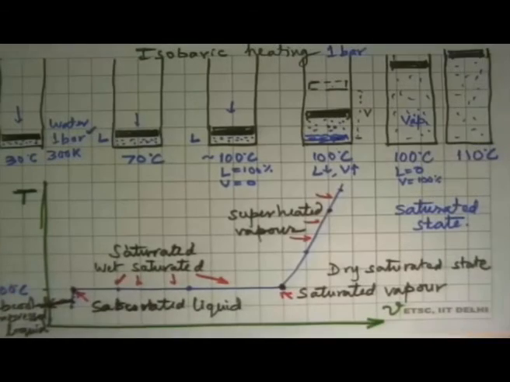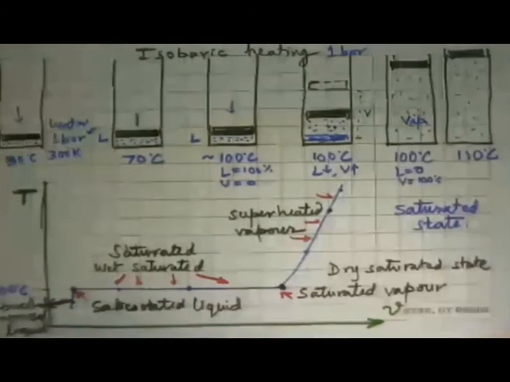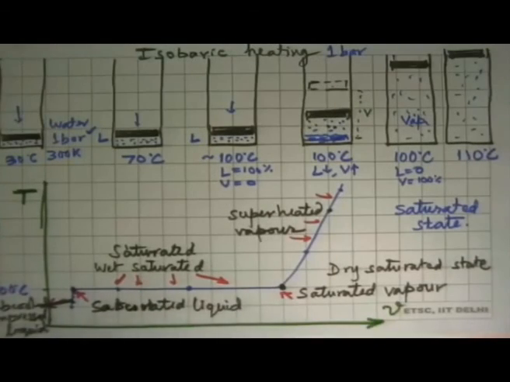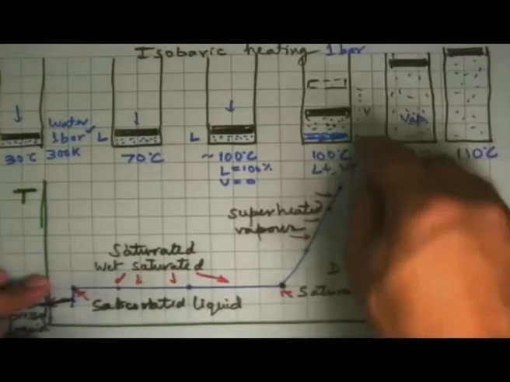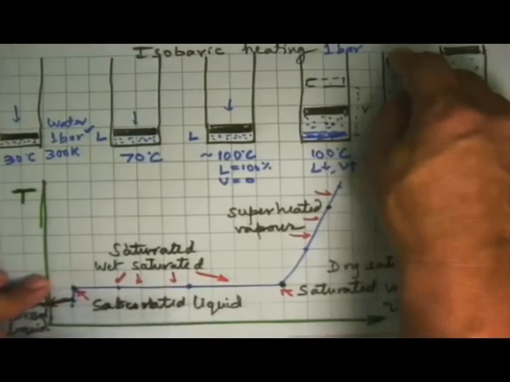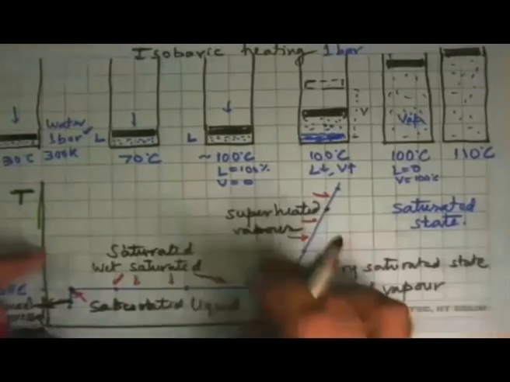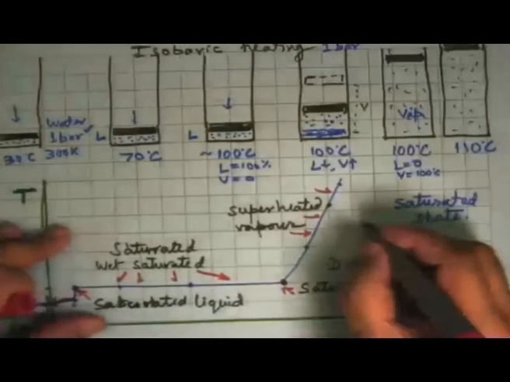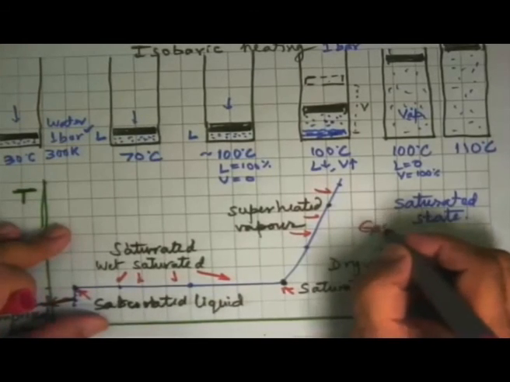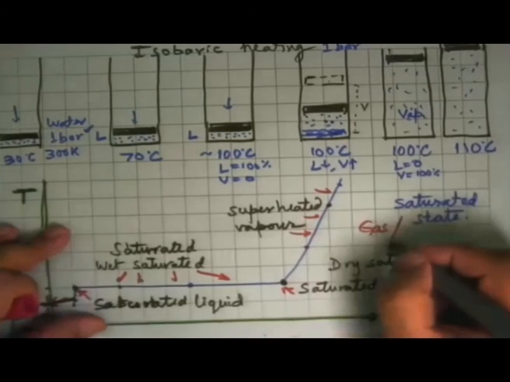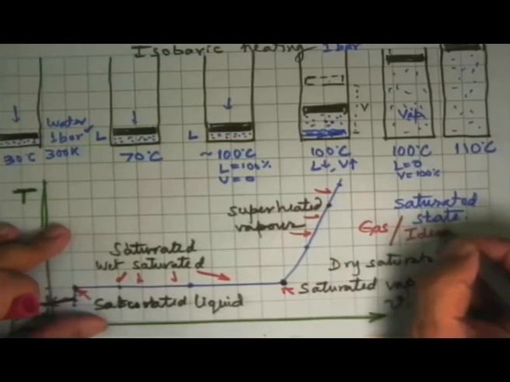Okay, now let's take this problem further and say, keep heating it, what will happen? Well, what this picture tells you is that it will keep on going up this way. Specific volume will keep increasing, temperature will keep increasing, the vapor becomes more and more superheated until finally we say it is starting to behave like a gas. And if you heat it even more, it will start to behave as an ideal gas.